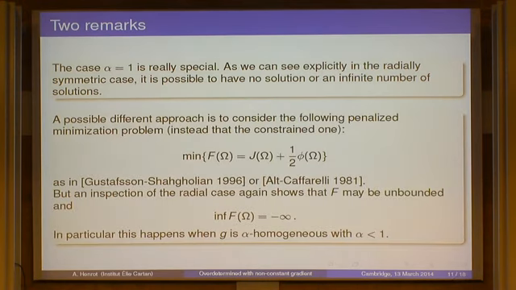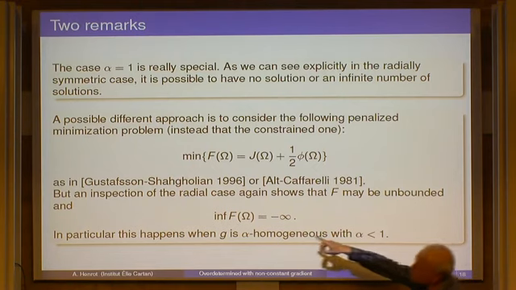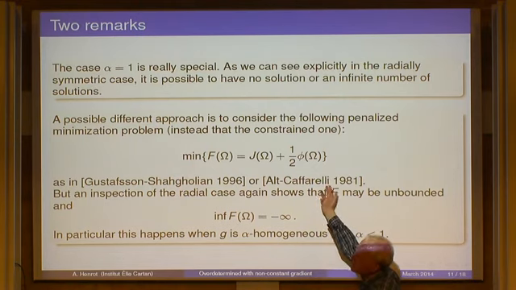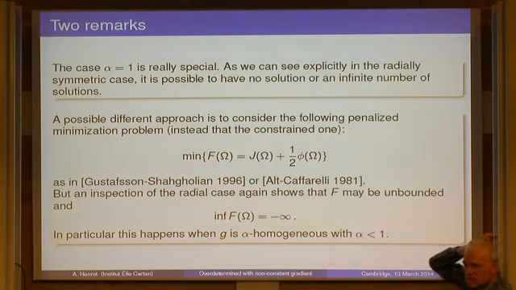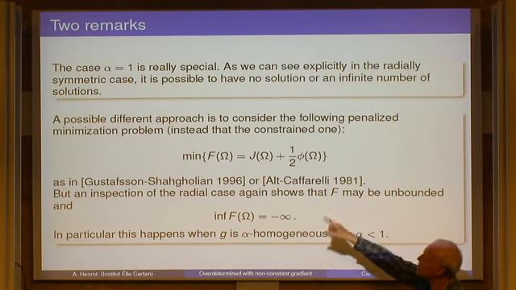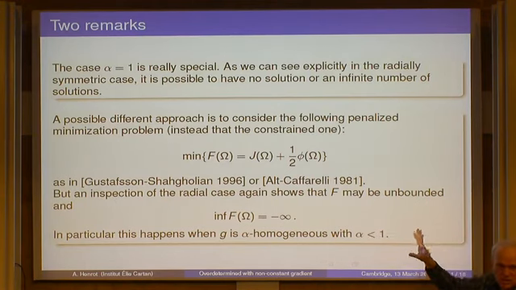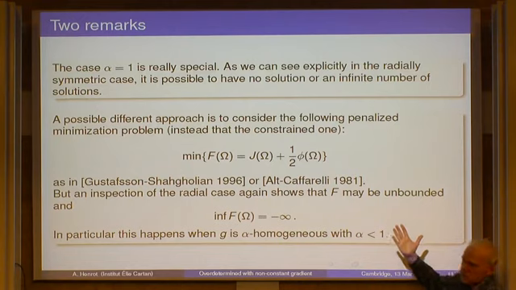And my second remark relates to the approach followed by Gustafsson and Shahgholian, which actually was inspired by the very classical paper by Alt and Caffarelli. Instead of looking at the shape optimization problem, instead of looking at the minimization of G with a constraint, they take a penalized problem, which is this one.